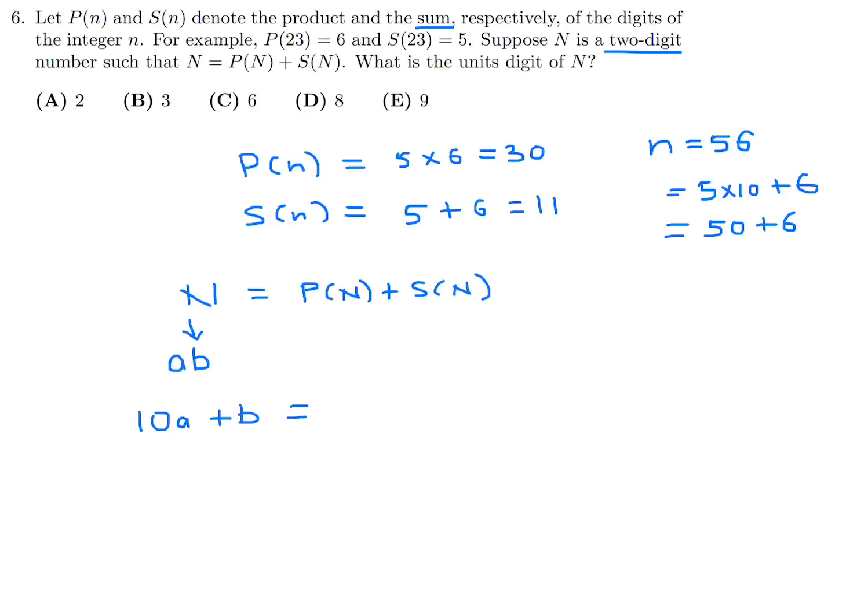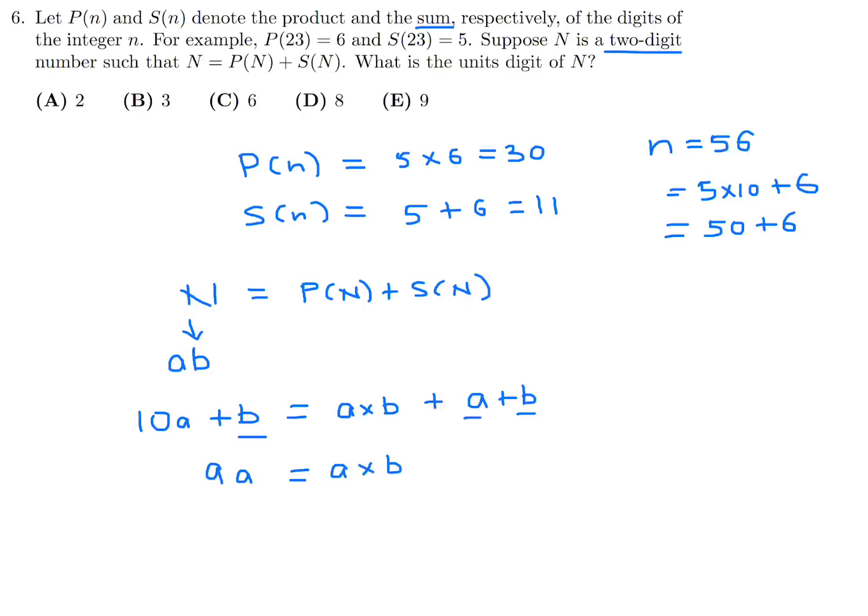Now Pn, what's Pn? Remember, it was the product. So it's A times B. And Sn was the sum, which is A plus B. All right, so we have to try our best to solve this. It looks like the B's cancel, and then this A you can bring over to the other side and make it 9A.